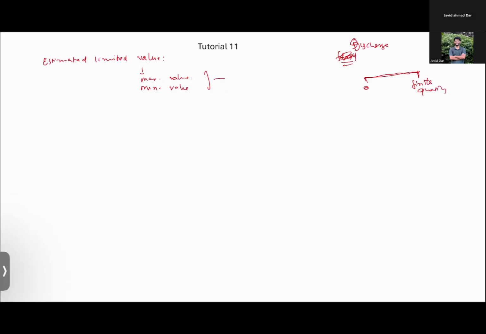So overall, in hydrology, since every quantity is finite, this estimated limiting value has significance for a particular quantity, not in any infinite values. Now for designing purposes, the important thing is that we should have a good knowledge of these limiting values for which we can design.